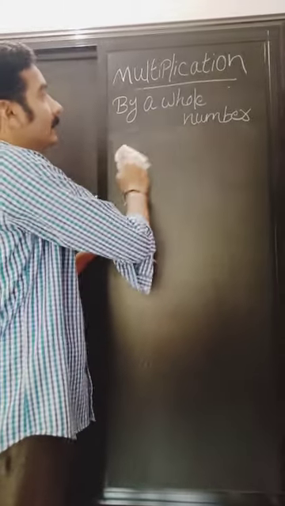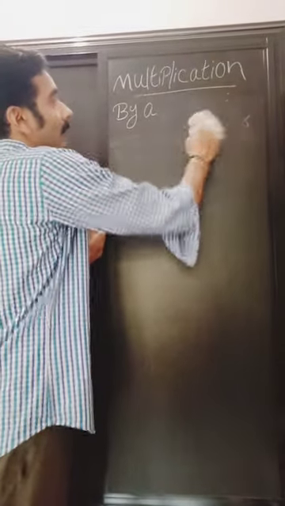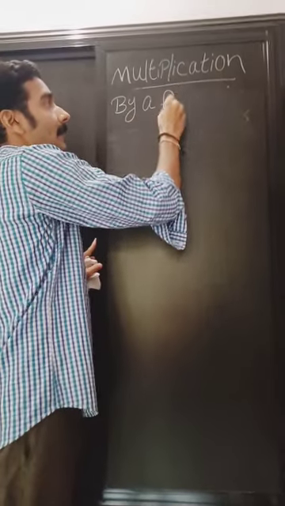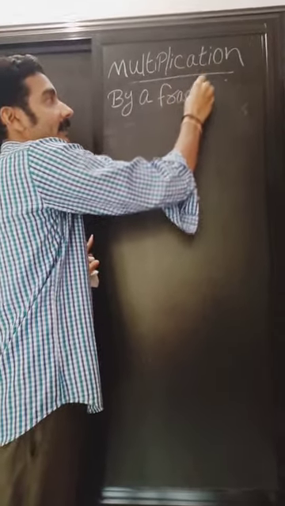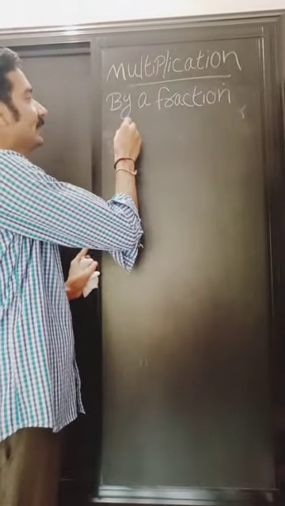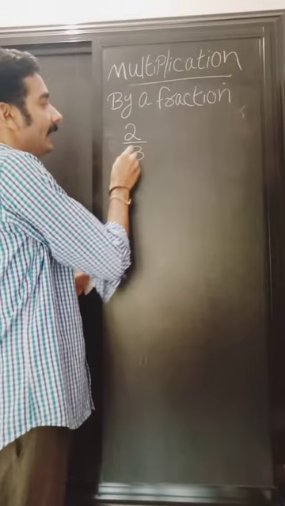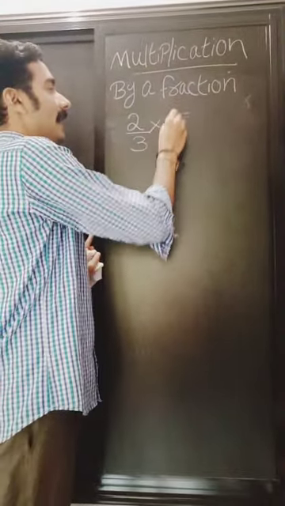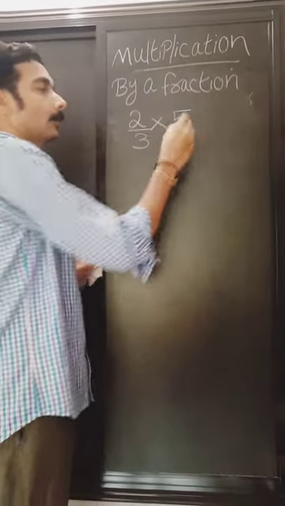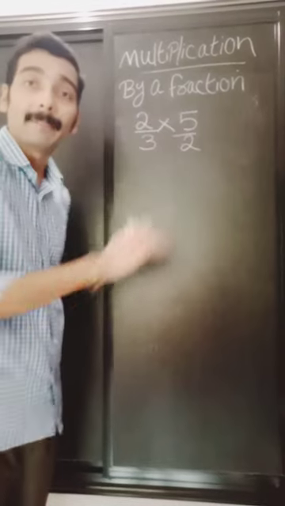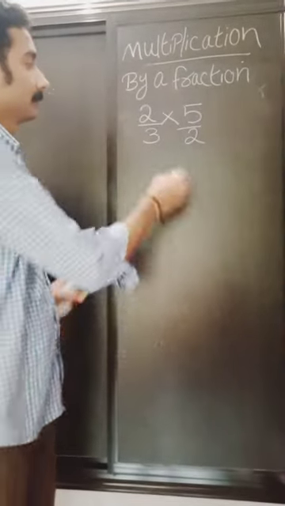Another one is by a fraction. Question is 2 by 3 into 5 by 2. A fraction 2 by 3 multiplied by another fraction.